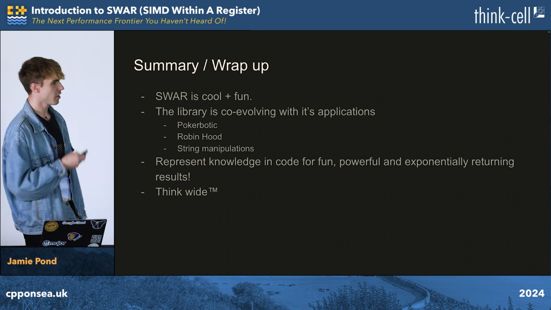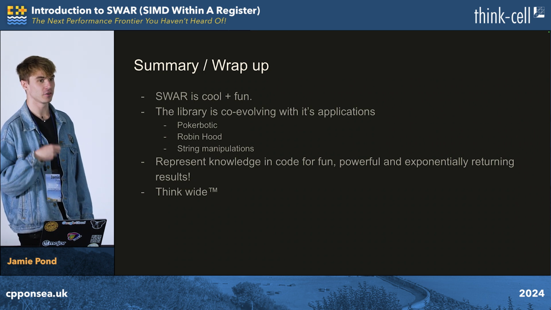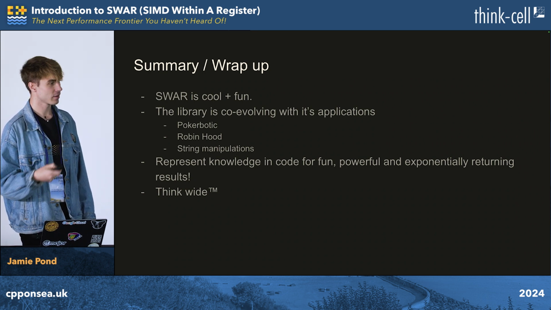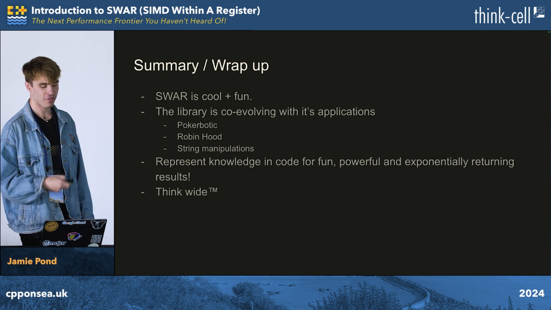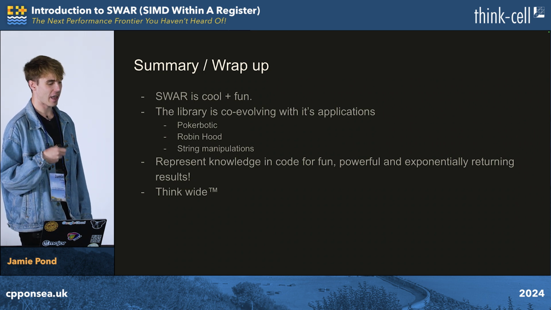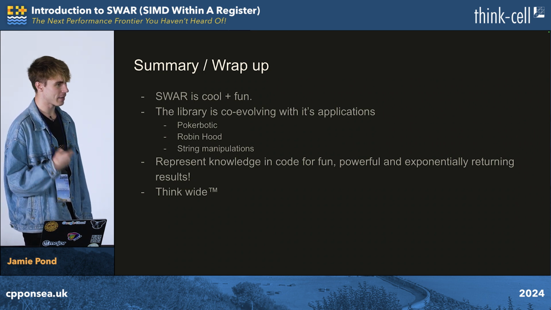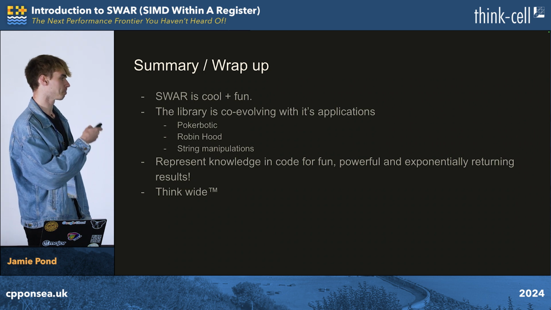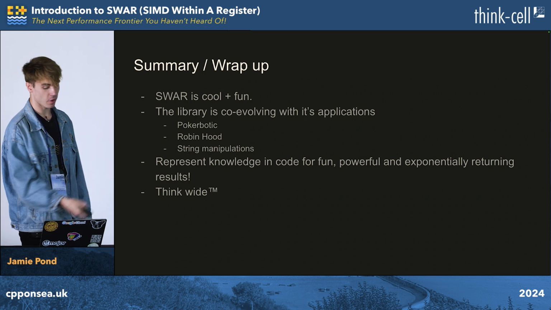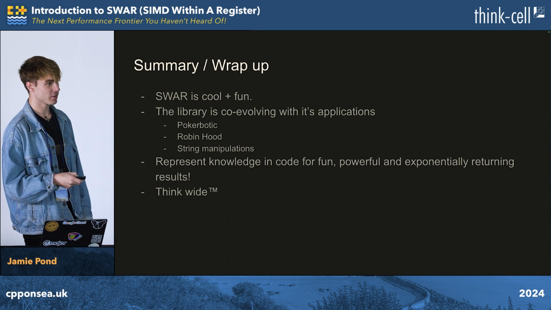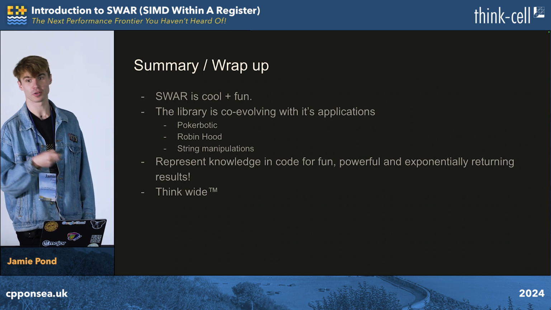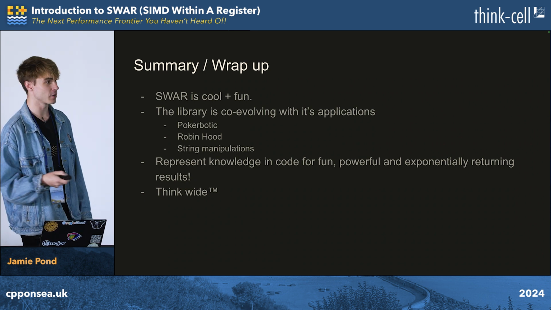And hopefully this has been an invitation to think more about parallelization, think wider, and start thinking about ways that you can implement things that will parallelize by default. So that's more or less the end of the talk. If you've got any questions or you'd like any clarifications, then I'd absolutely welcome those.